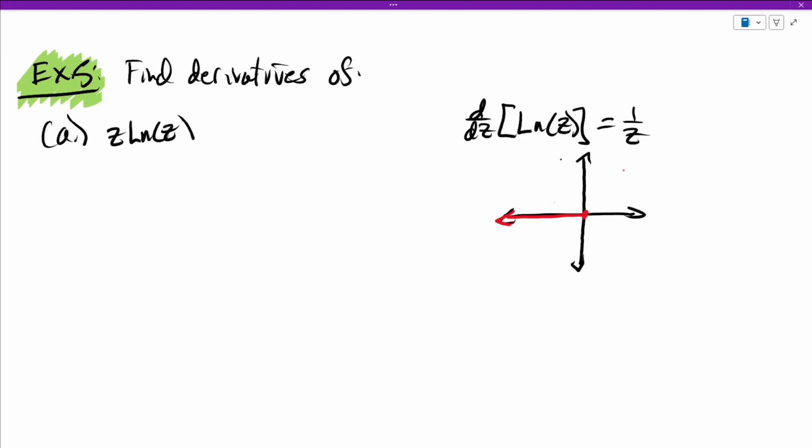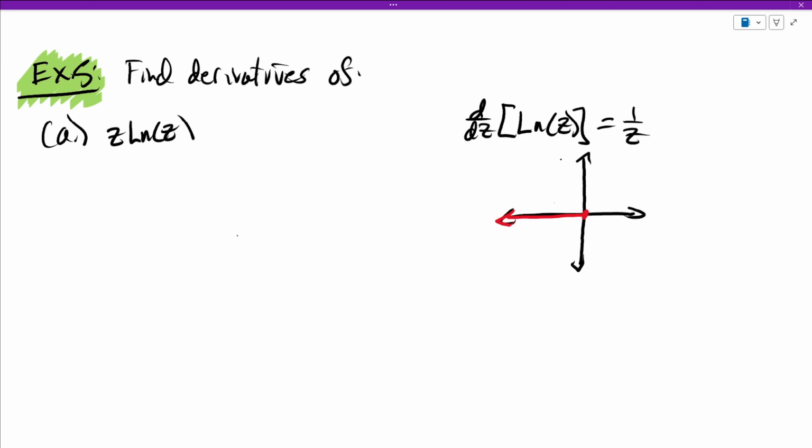Now you don't have to worry about the technical details, but you just need to know that this formula, at least as it's written, is only guaranteed to hold when we are not plugging in points on the non-positive real axis.